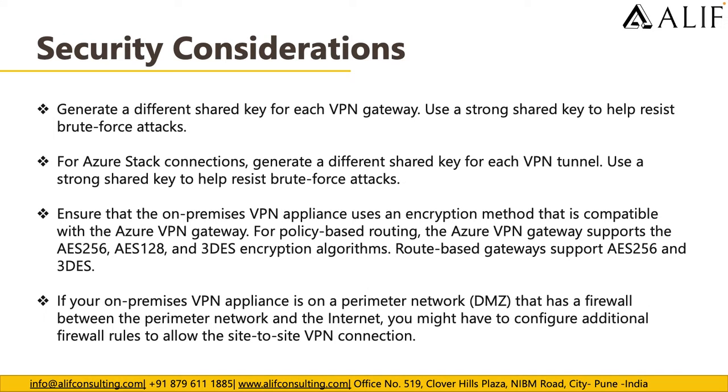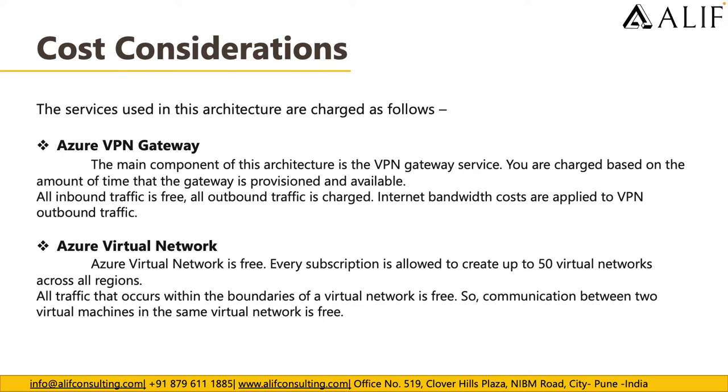Fourth, if your on-premise VPN appliance is in the perimeter network, that is, a firewall between the perimeter network and the internet, you might have to configure an additional firewall rule to allow the site-to-site VPN. Again, it's something the customer has to configure on their firewall if they have put the firewall in the DMZ zone.